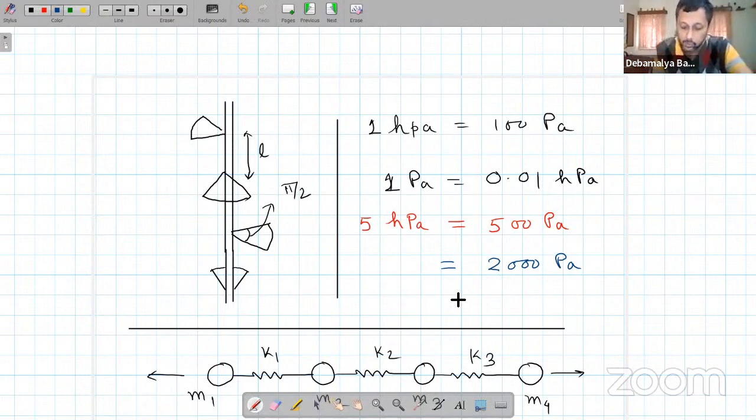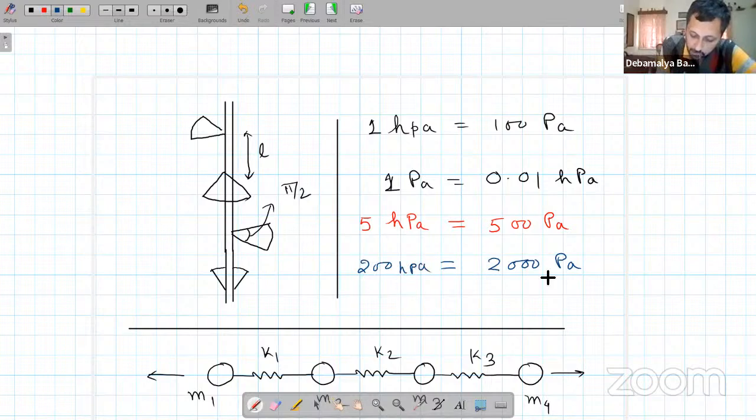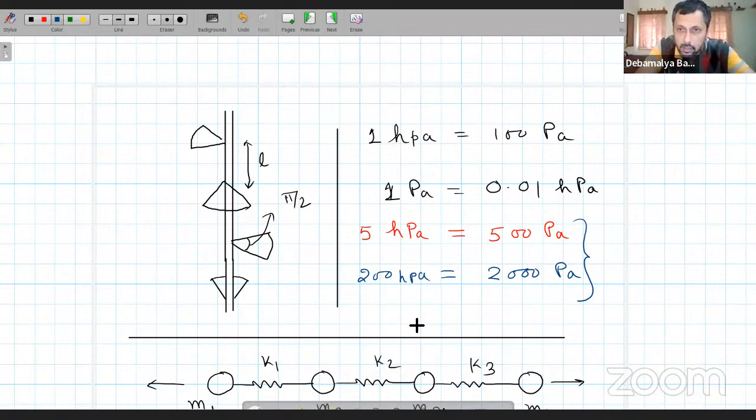In order to get 2000 Pascals equal to how many hectopascals, what will you do? Just think. You will divide this by 100, isn't it? So you will get 20 hectopascal. These are the two examples I have given you. And if anything is outside this conversion, if anything of this is not right, you let me know.